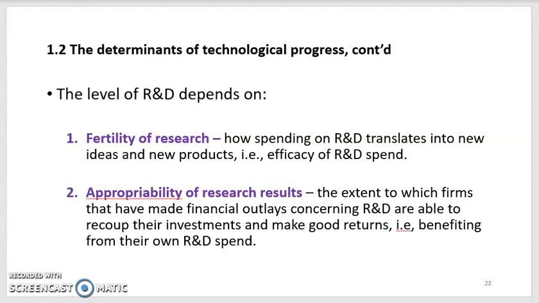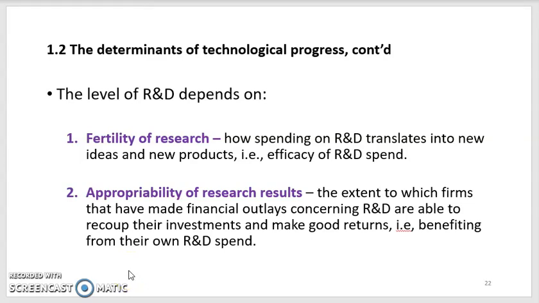And appropriability of research results suggests the extent to which firms that have made financial outlays on research and development are able to recoup their investment and make good returns out of it. So it's basically benefiting from your own research and development spending.